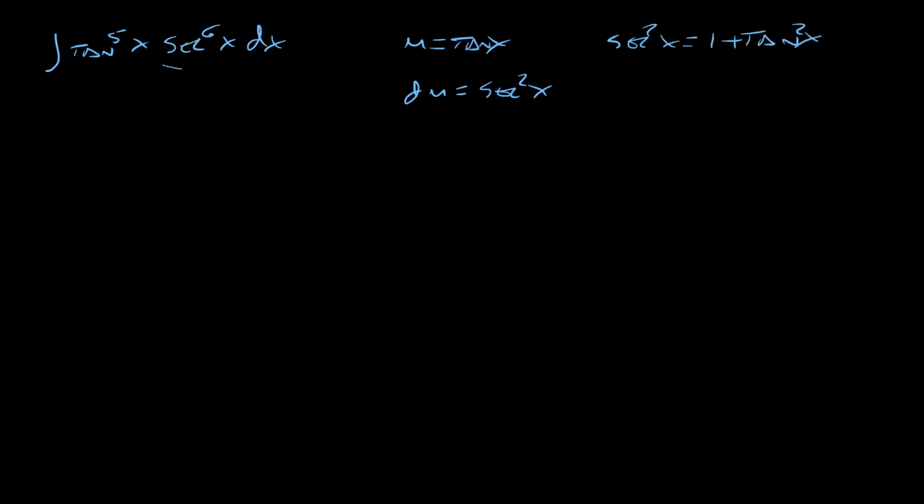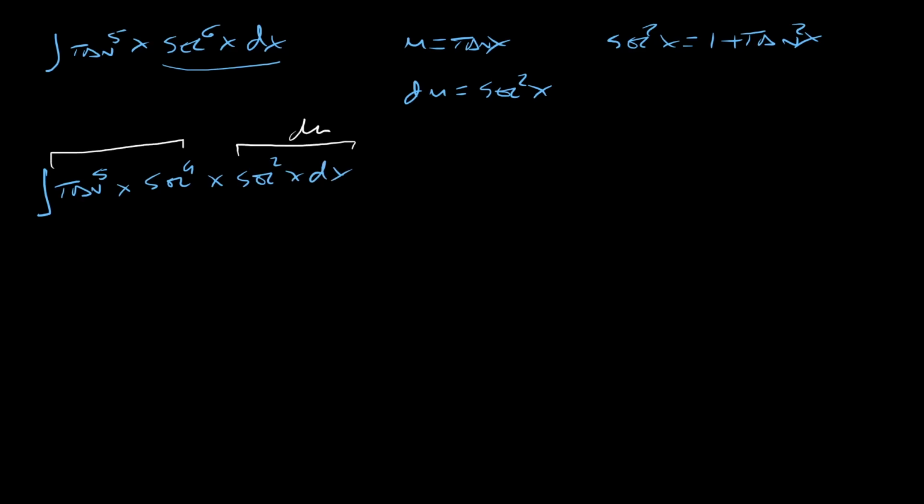So we take the requirement in order to get the du solved. So this is the same thing as having tan 5x secant 4x, and then we have secant 2x dx. So this one is du.